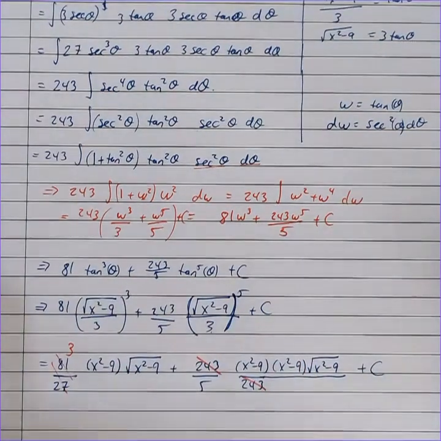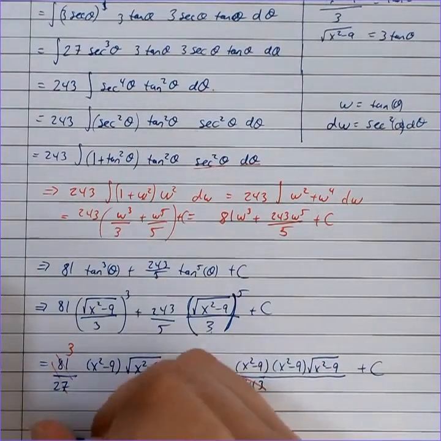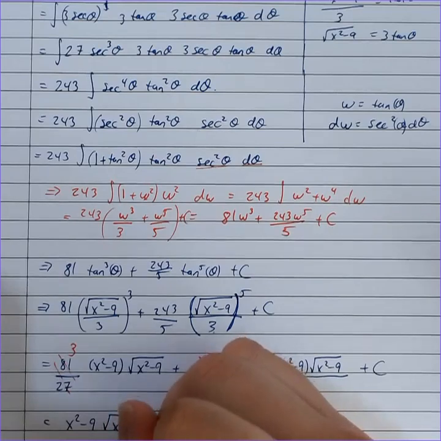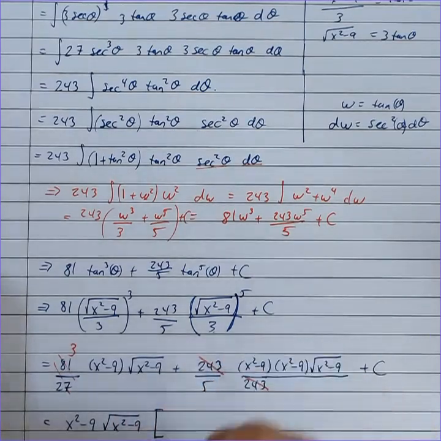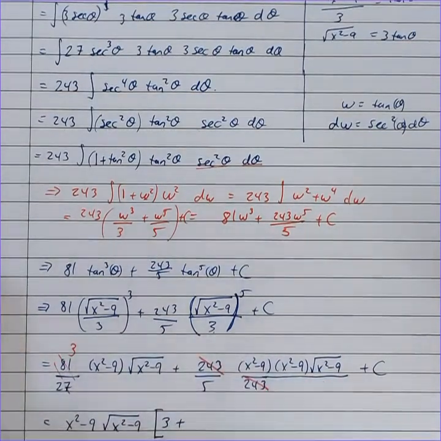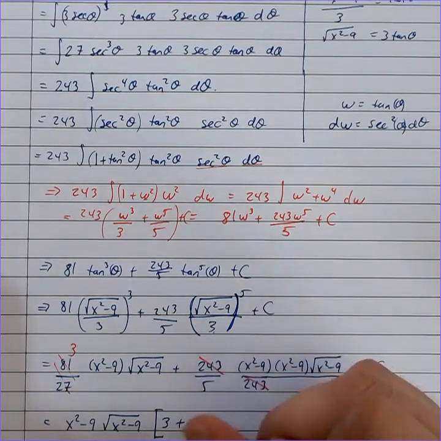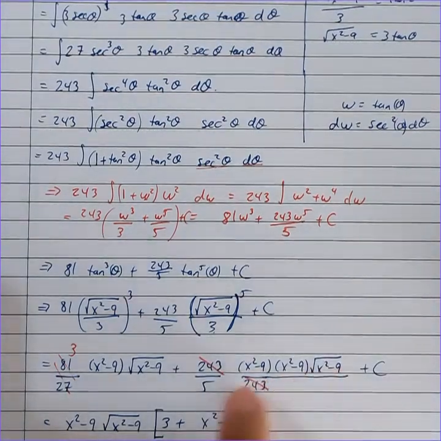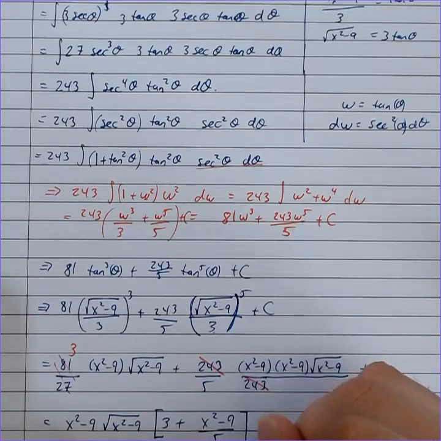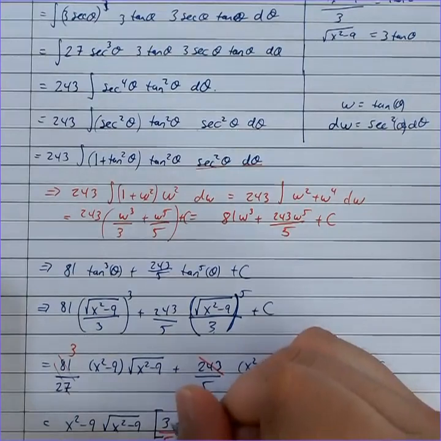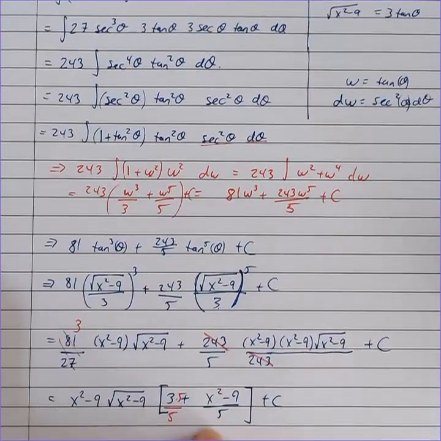And now I notice some common factors, namely this stuff right here. So I can write this as x squared minus 9 times the square root of x squared minus 9 times, with all this gone, we're left with just the number 3, plus, these are both gone, they've been factored out, and we're left with x squared minus 9, just that one, over 5, plus our constant. We can give both of these a common denominator, so that we'll have a 1/5 as a common factor.